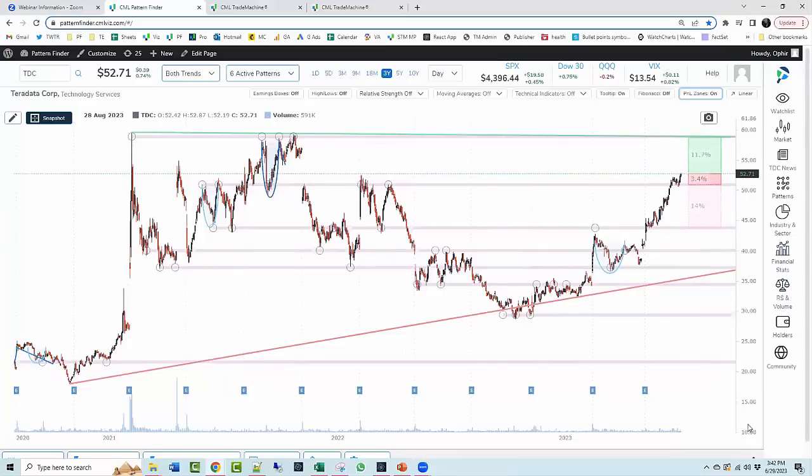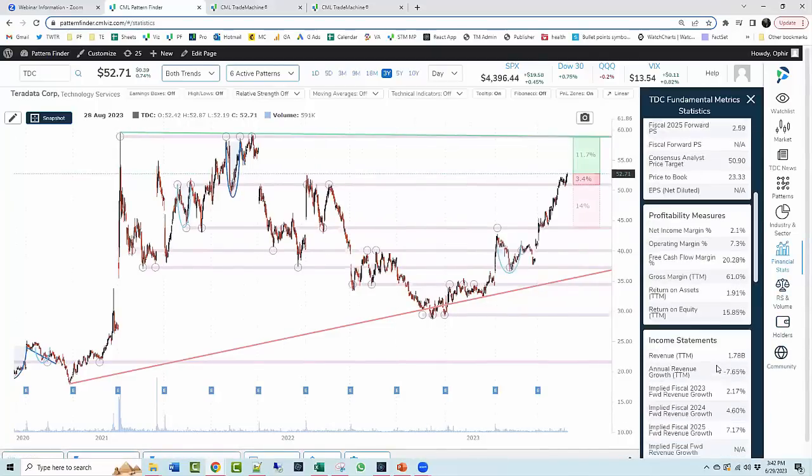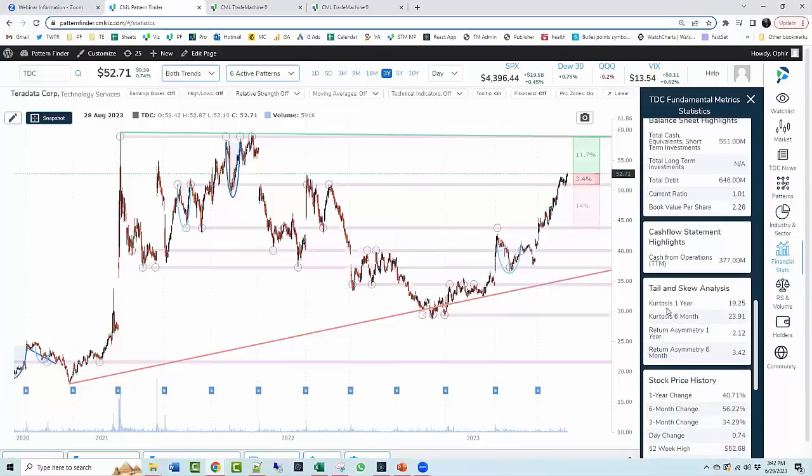And one other thing now, remember what I said, it's the long arc of a career. Now we have in our back pocket, if we go to financial stats, we scroll down, we know the kurtosis, both measures, both time periods, and the return asymmetry, skew if you prefer, is positive.